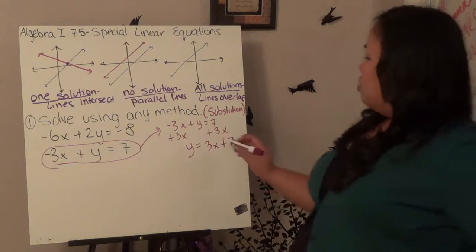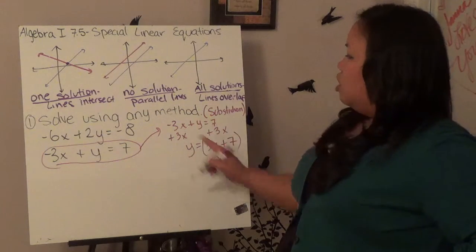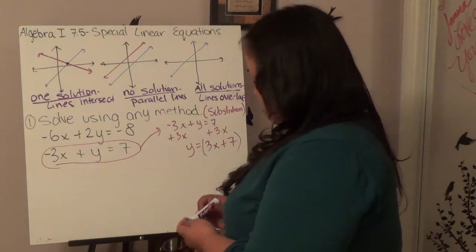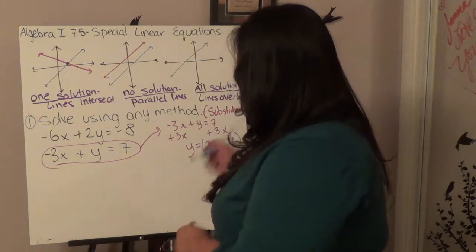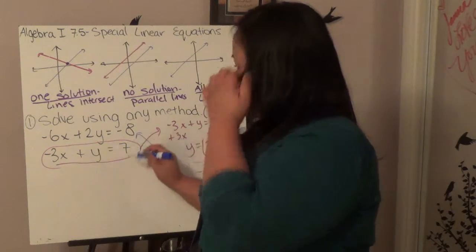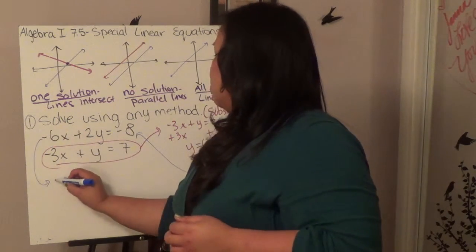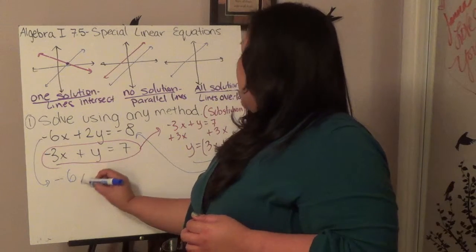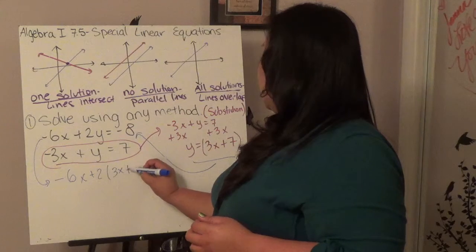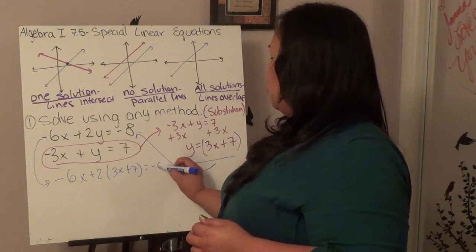Okay? So I'm going to go ahead and plug this in for y here. So negative 6x plus 2 times 3x plus 7 equals negative 8.